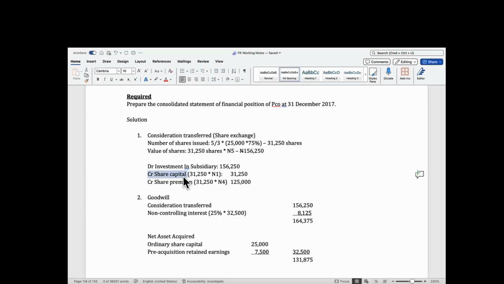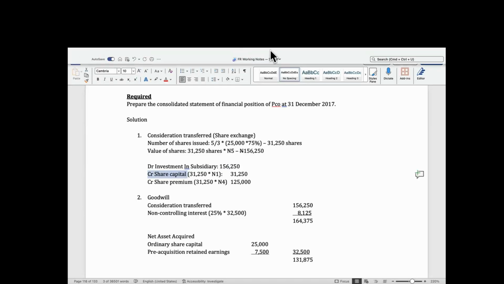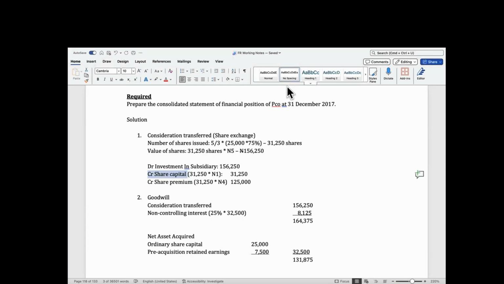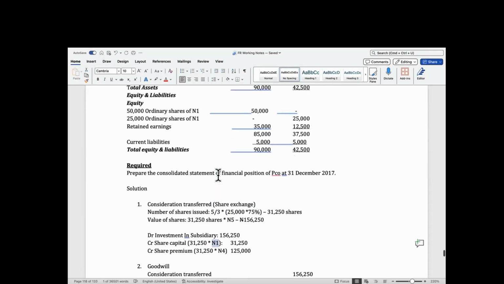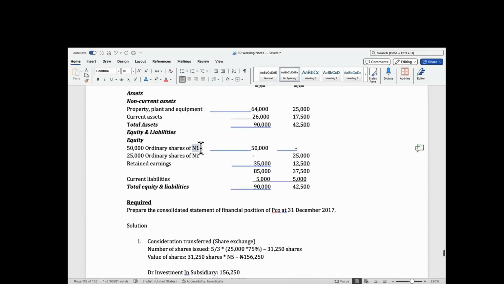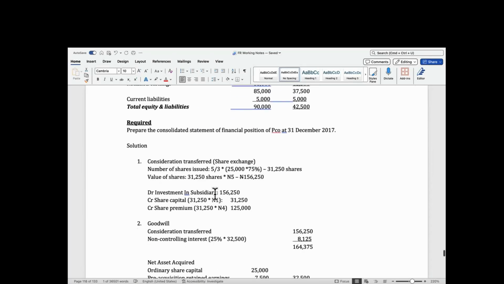But what goes to the share capital account is always at nominal value. So this is the number of shares the parent is giving out, which I computed up here, multiplied by 1 naira, which is the nominal value of the shares of the parent.